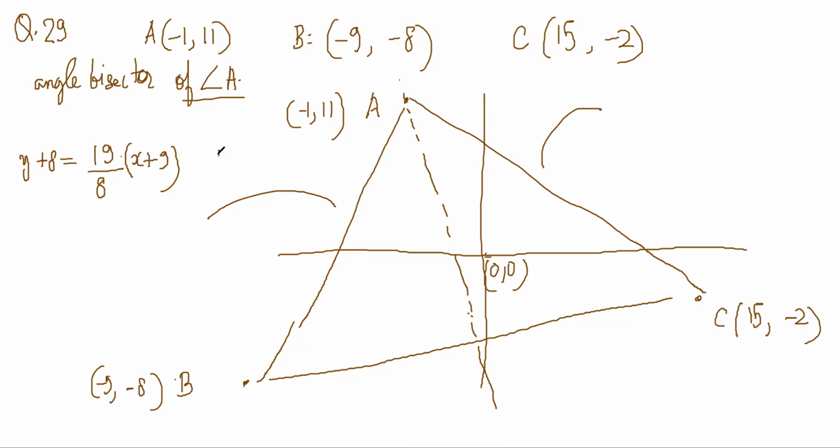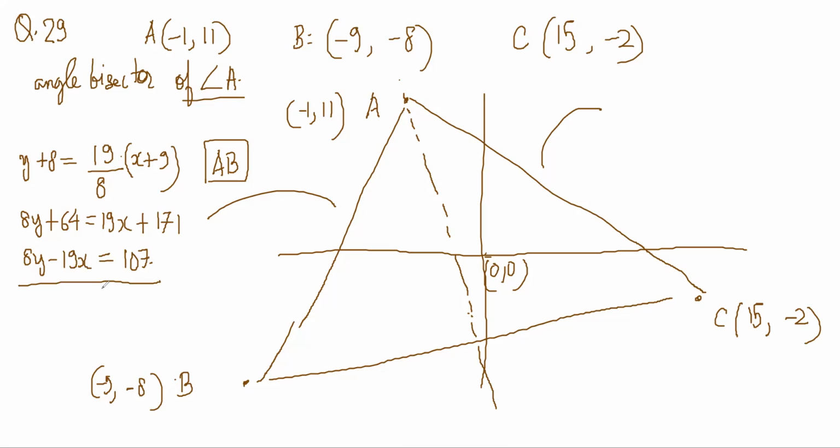This is AB. And this becomes 8y plus 64 is equal to 19x plus 171. So we get 8y minus 19x is equal to 107.